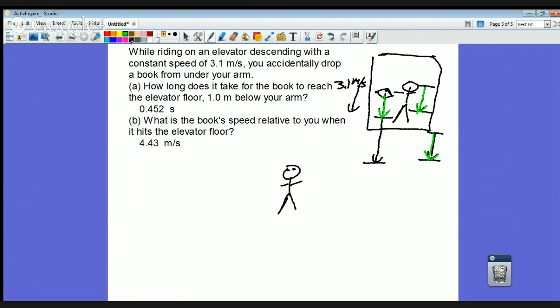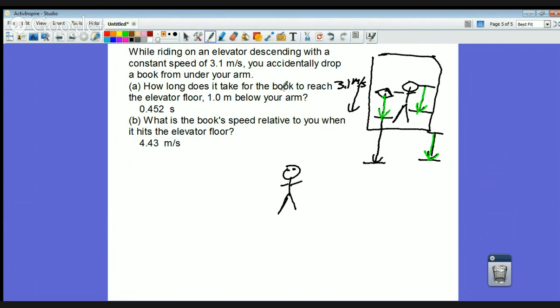But the arrow in black is the extra distance the book moves because gravity is also going to accelerate it down. So you can forget about the fact that it was going 3.1 in this case. In the next one, where you drop a camera out of a hot air balloon, that's different because the camera is going to hit the ground, not the balloon. So that's a different situation.